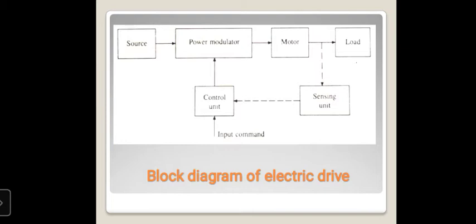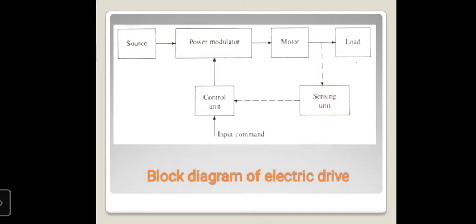Suppose we use a DC motor and the type of source is AC. Then what should be the function of the power modulator? Convert AC into DC. That means the power modulator of that type is a rectifier.